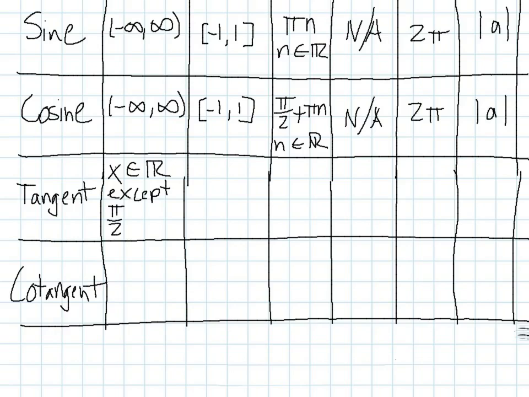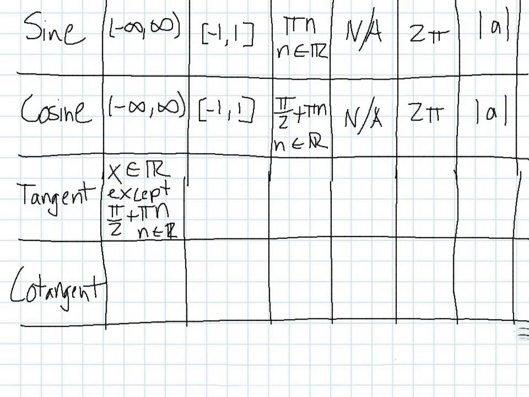But that's kind of like cosine where a 0 happens every half pi, but they're a distance of pi away from each other, where n is a real number.